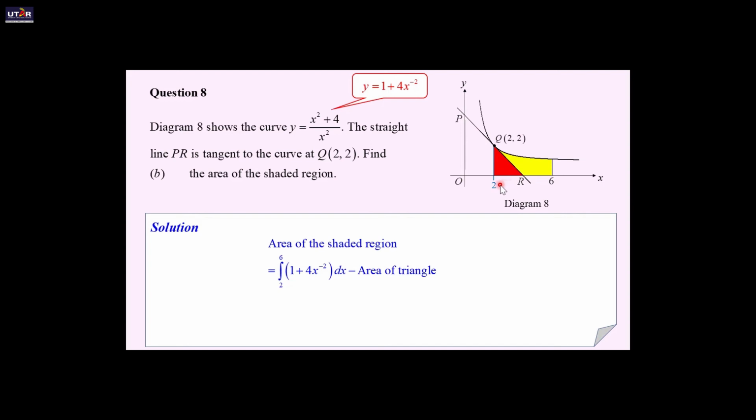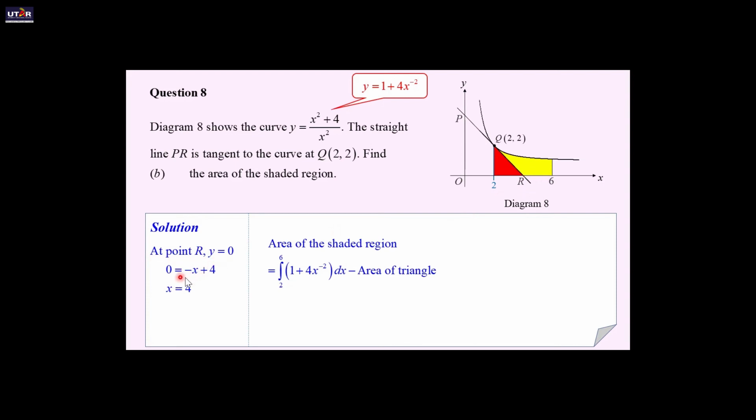In order to find the area of the triangle, we need to have the base and the height. So from the coordinate of Q, we already have the height equal to 2 units. In order to find the base, we have to first find the x coordinate of R. At point R, it is on the x-axis, so from here, y is equal to 0.